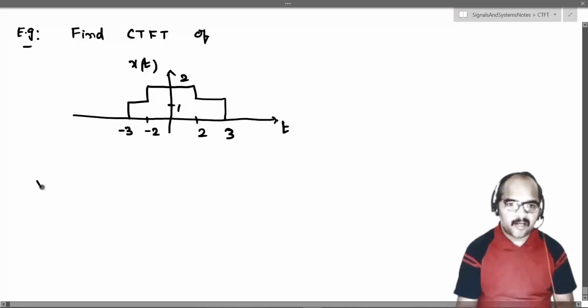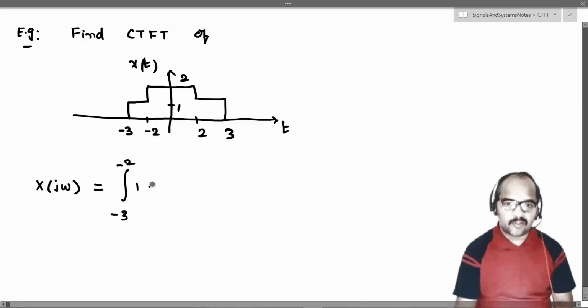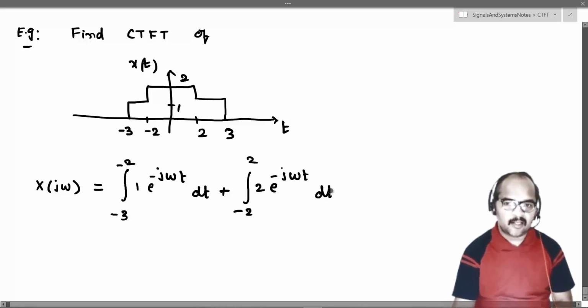So x of j omega is the integral from -3 to -2, amplitude 1, e power minus j omega t dt, plus the integral from -2 to +2, amplitude 2, e power minus j omega t dt, plus finally the integral from 2 to 3, amplitude 1, multiplied with e power minus j omega t dt.